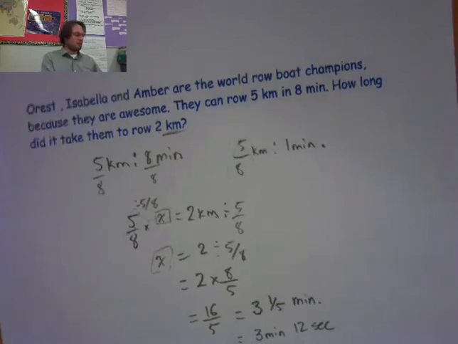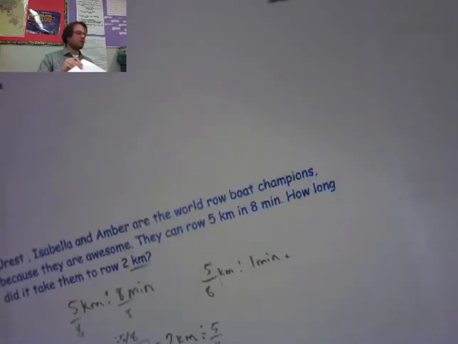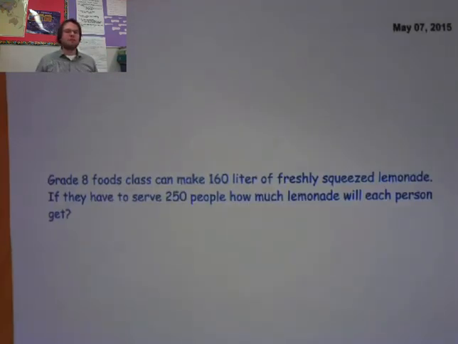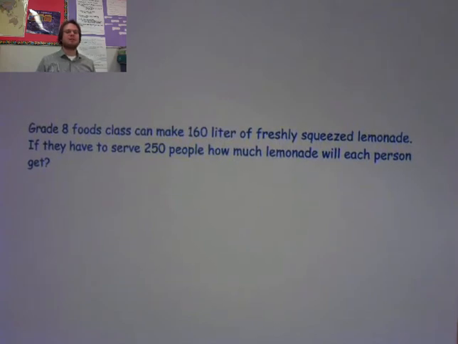Okay, so now let's take a look at my next question. It says, grade 8 foods class can make 160 liters of freshly squeezed lemonade. If they have to serve 250 people, how much lemonade will each person get? So we have to know how much per person will each person get.